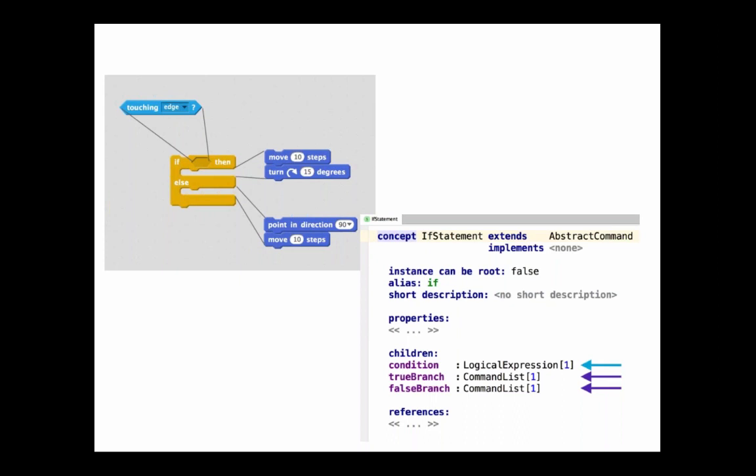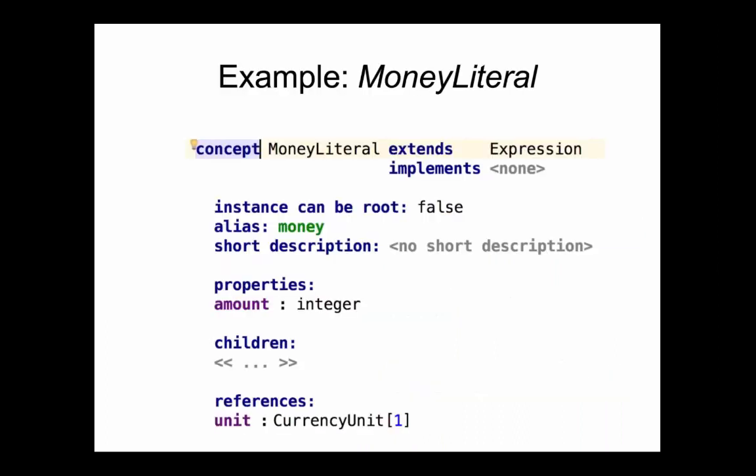It has some alias, so it's like some visualization in the completion menu. And it has 3 children, one for condition, one for the true branch, one for the else branch. And your concept can inherit some qualities from another concept. So the language for defining concepts has a notion of inheritance.